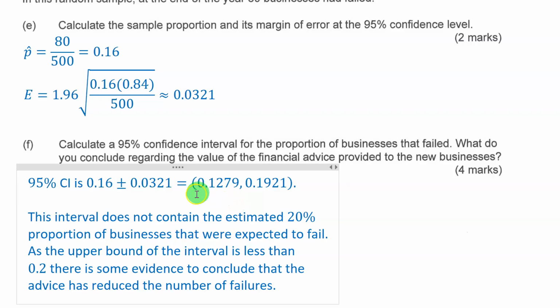So it seems like on the basis of this one confidence interval that the expected failure rate of 20% is not correct. And so we would say that because the upper band of the interval is less than 0.2, there is some evidence to conclude that the advice has reduced the number of failures on that one.